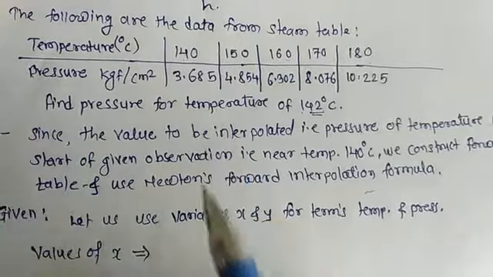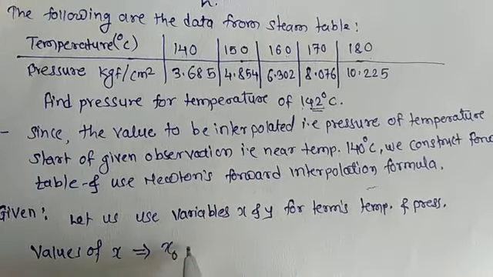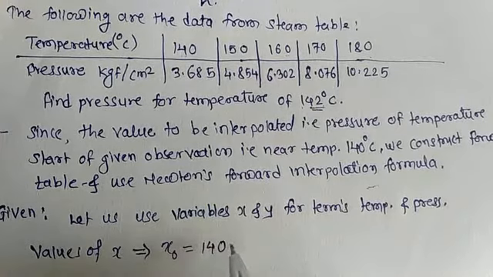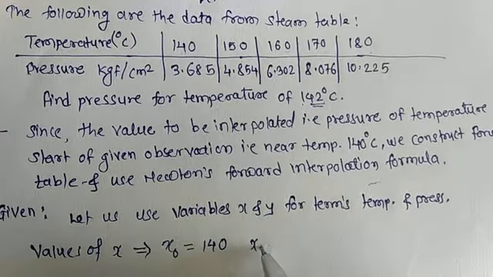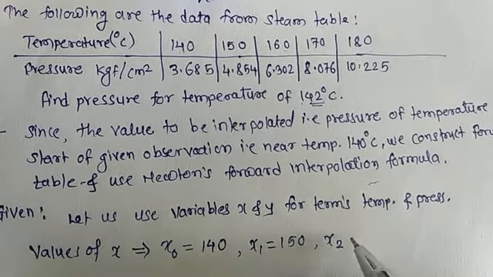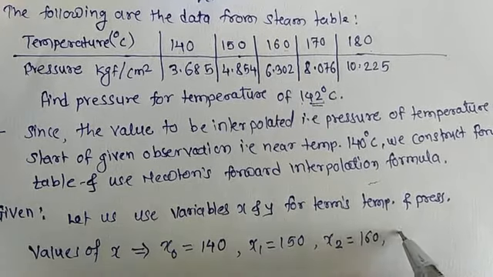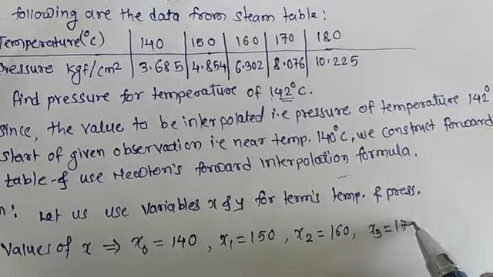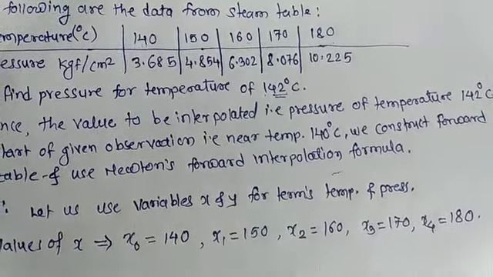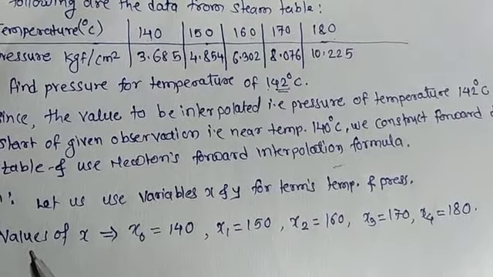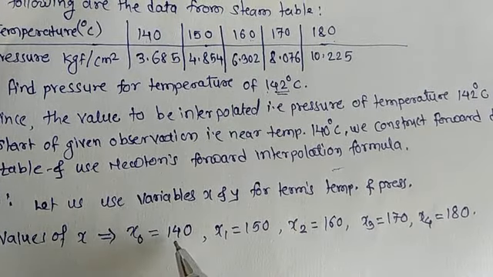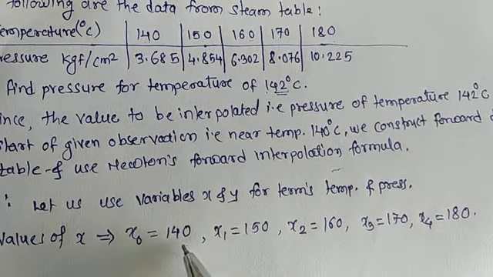The first value is x0, also known as the initial or starting value, which is 140. x1 is 150, x2 is 160, x3 is 170, and x4 is 180. When we observe the values of x, the difference between each value is 10.